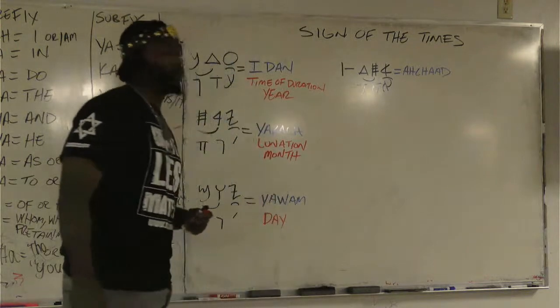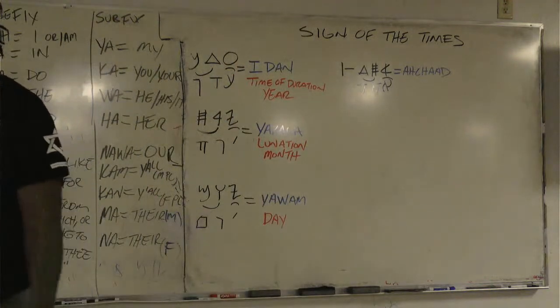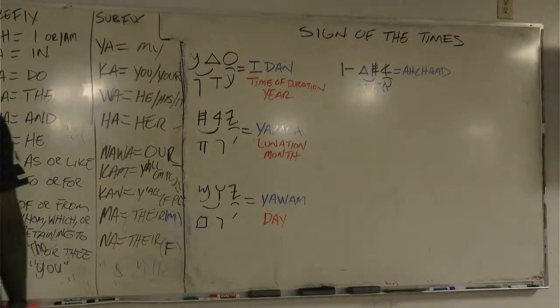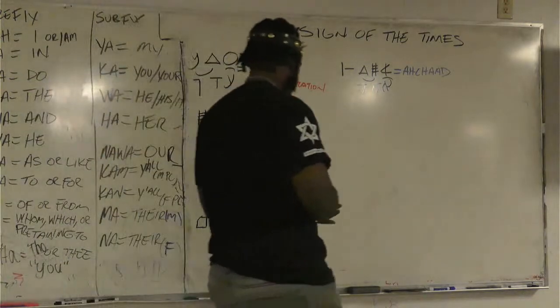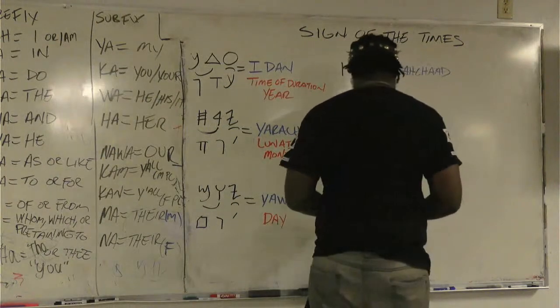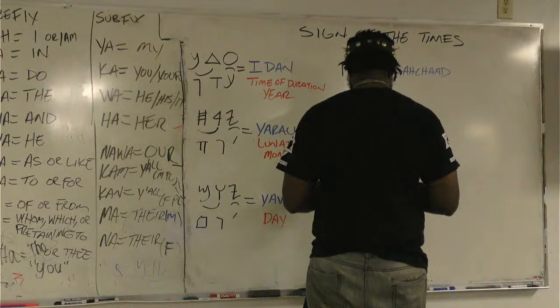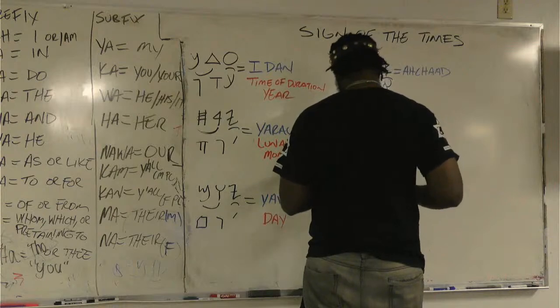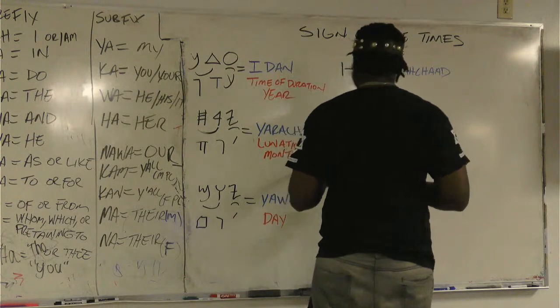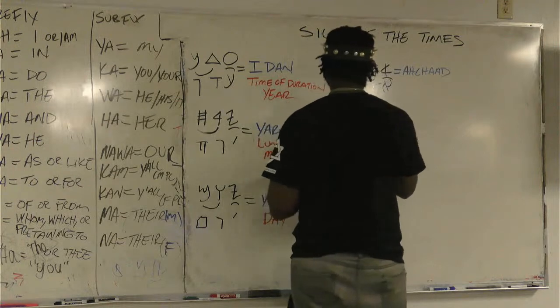So we have 1 year, the chag. How many lunar cycles are in 1 year? 12. Give that brother a hand. What is the number 12 in Hebrew?